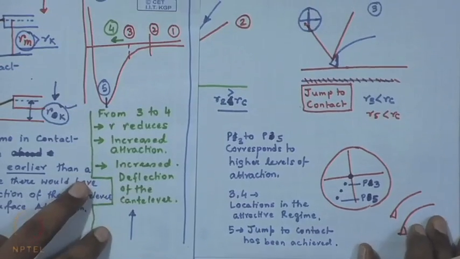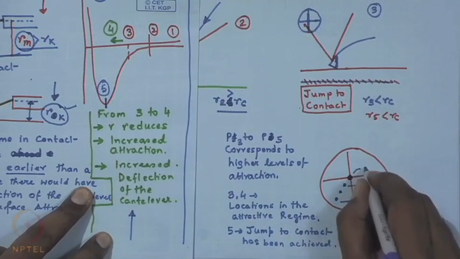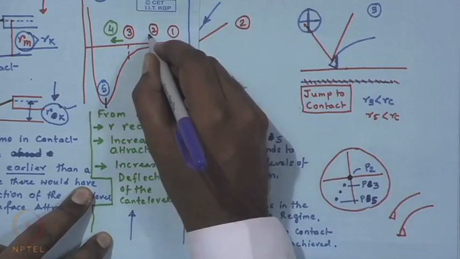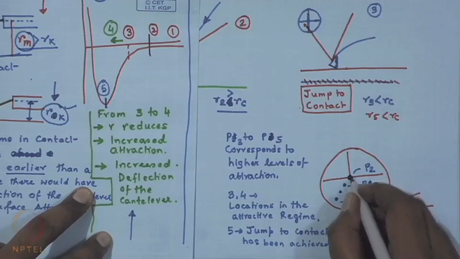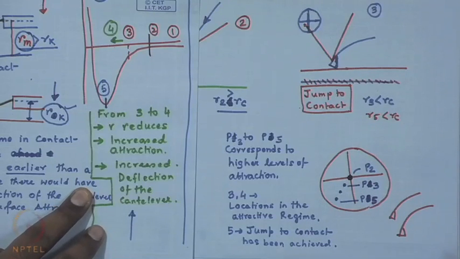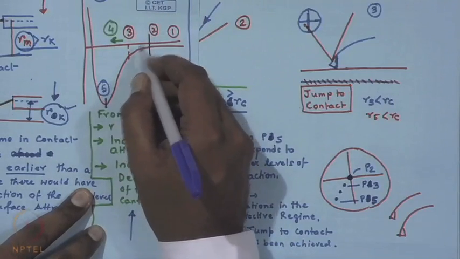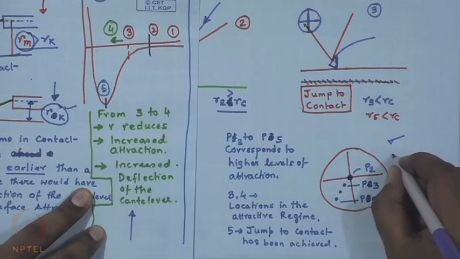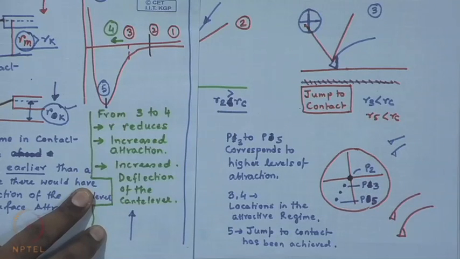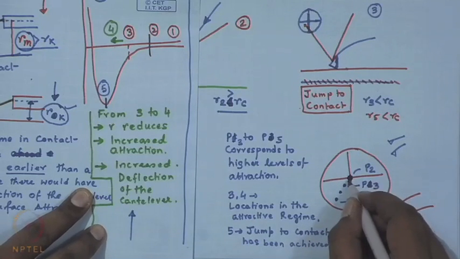Okay. So, from 3 to 4, before it started to experience the attraction, let us say up to the point P2, the laser spot was falling still at the center of the QPD, there was no deflection. Beyond this point 2, it started to experience the attraction, and therefore, its configuration started to change from a deflection free configuration to a configuration which corresponds to an attraction, and consequently the laser spot also started to shift in this direction.